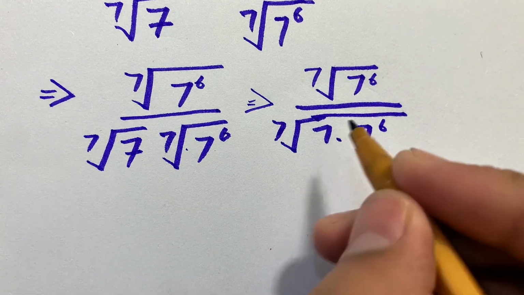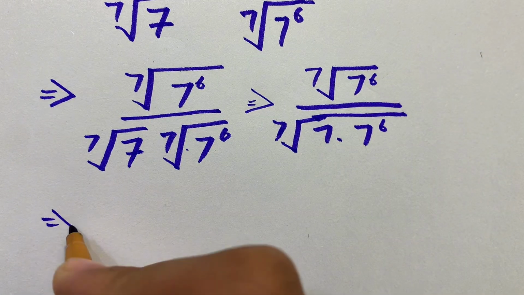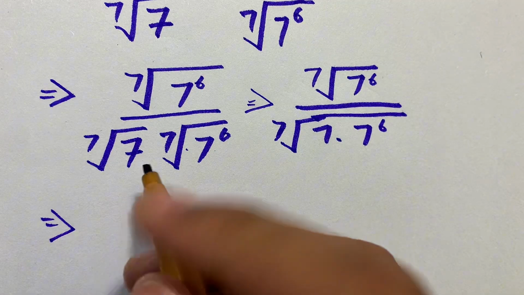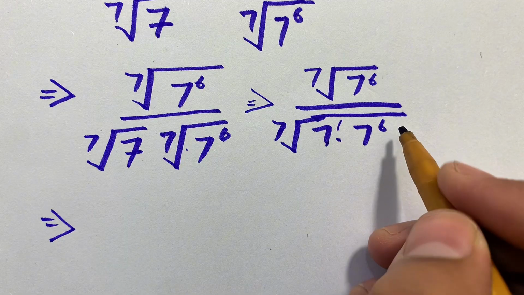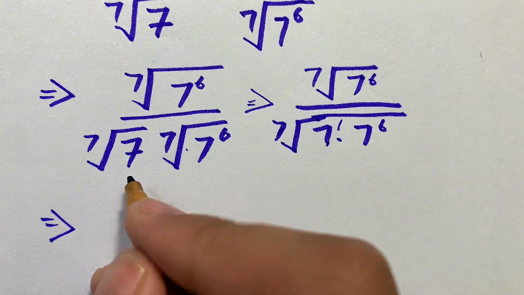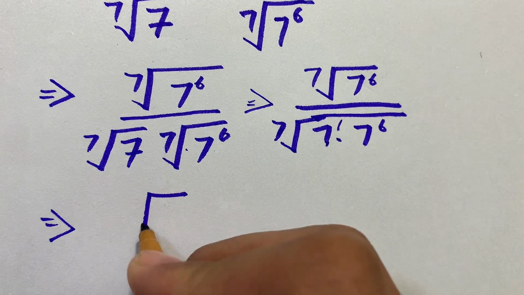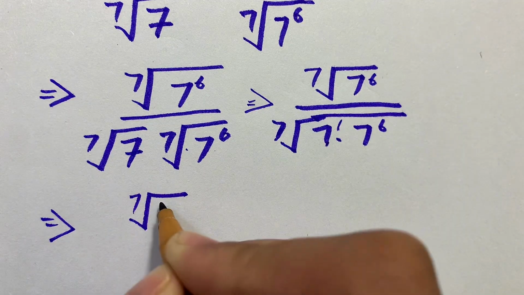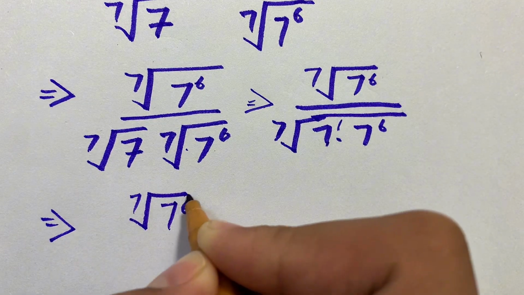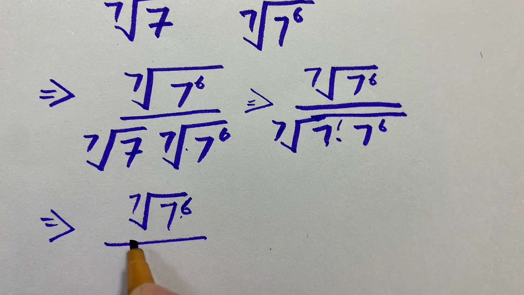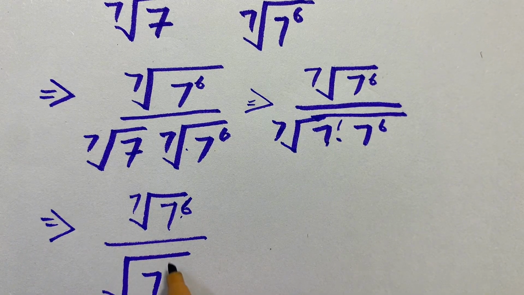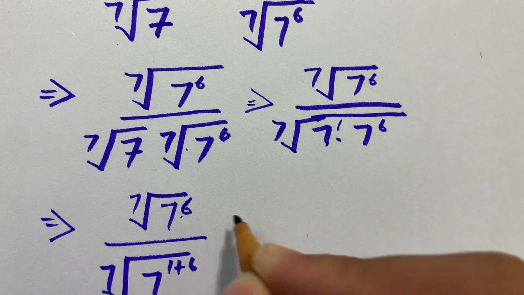This will be a power m into a power n is equal to a power m plus n. This will be a root of 7 power 6 base 7 divided by root 7, 1 plus 6 base 7.